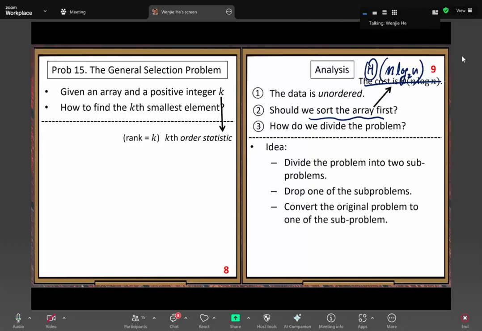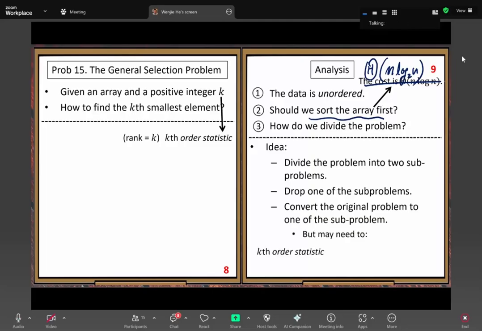Then you do recursion, because after you drop one of the two, you apply recursion on the remaining subarray. You do the same process: divide and conquer, drop. But it is much more complicated than a binary search.